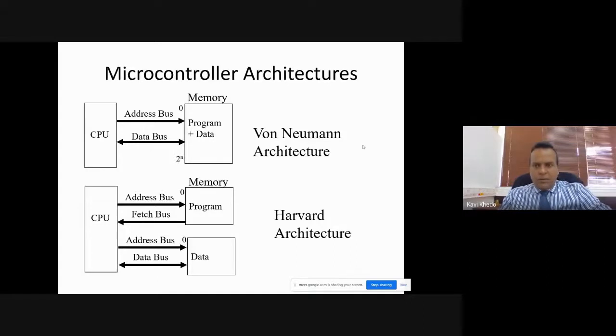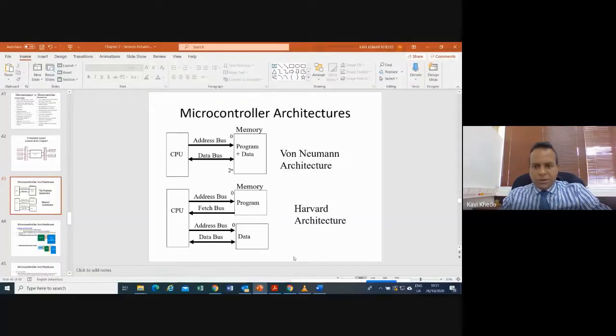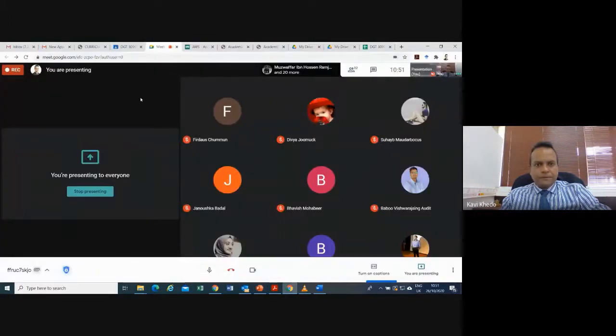So let me put a question to the class, and I will pinpoint a specific student to answer the question with respect to von Neumann architecture and Harvard architecture. Observe this slide. You tell me what fundamental difference you're able to see on this slide with respect to those two architectures.